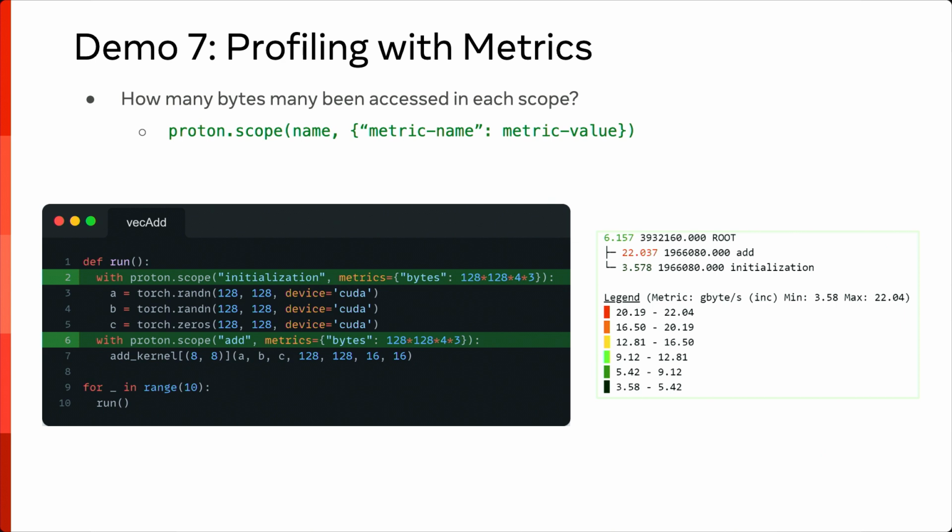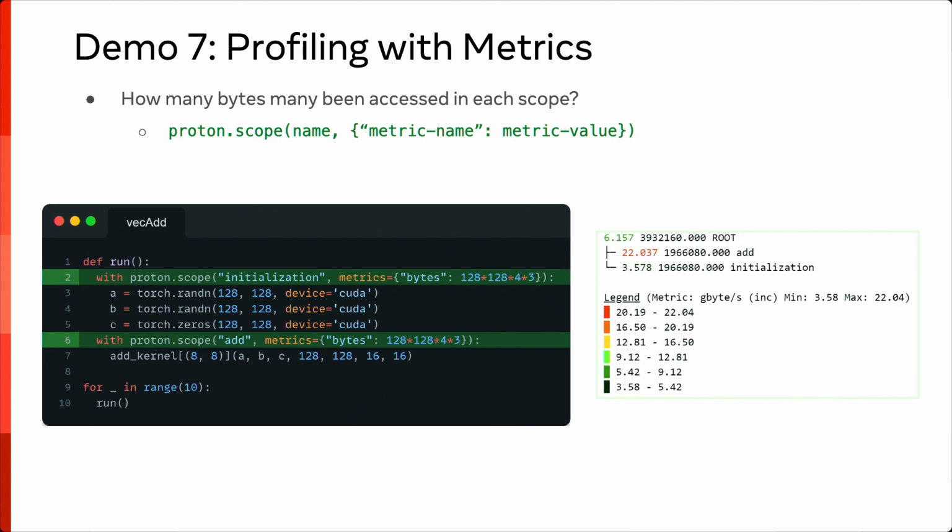Then using this metric functionality, we can accumulate the number of bytes that have been accessed in each scope. In this case, we are going to calculate the number of bytes accessed each time manually. So in the initialization phase, we are going to access 3 tensors.